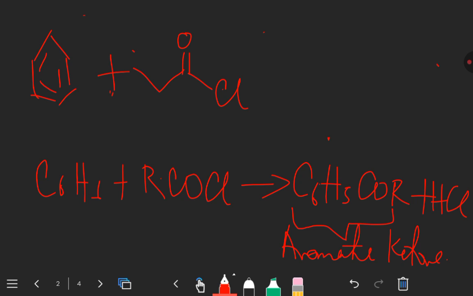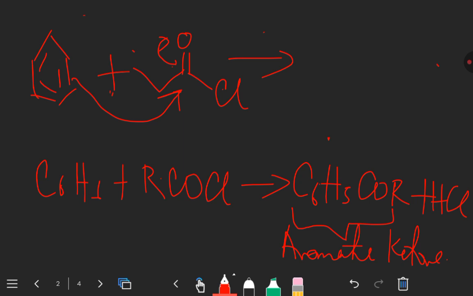So what happens here is that this double bond is able to attack the carbonyl group. Then of course there will be the displacement of this double bond, and the electrons will be pushed to oxygen.